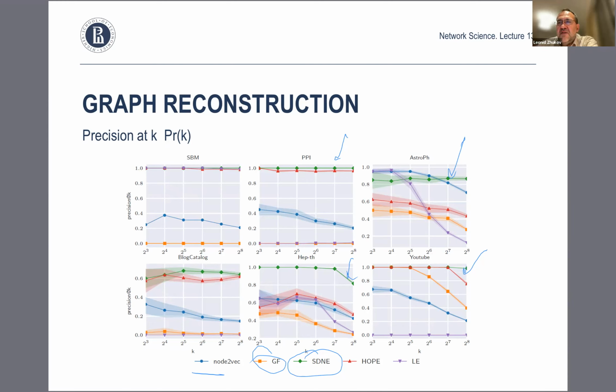What's surprising is how bad Laplacian embeddings are sometimes, but good in other cases. So there are mixed results, except that SDNE, the deep learning algorithm, actually outperforms all other methods at the moment.